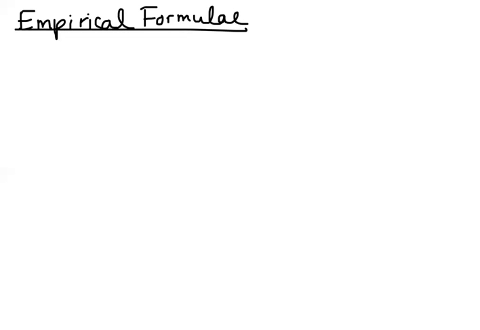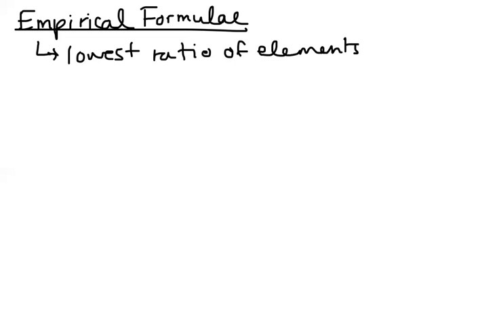So an empirical formula is the lowest ratio of elements in a compound. And I know that in ionics, we always have the lowest ratio, but that's not always the case for molecular compounds.